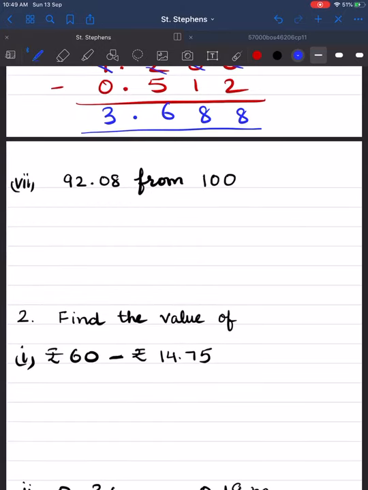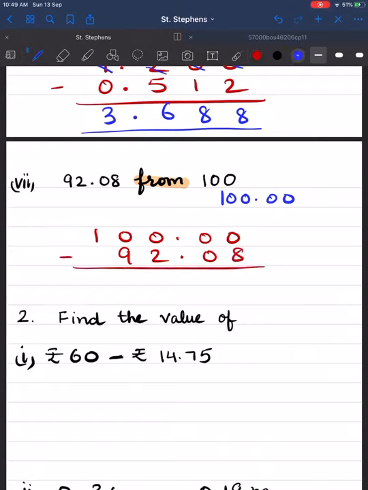Subtract 92.08 from 100. Here we have to convert whole number 100 into like decimal number having 2 decimal places, so we get 100.00. Here again there is "from", so we write the second decimal number on the top, 100.00, and write the first decimal number below it, 92.08, and we subtract.